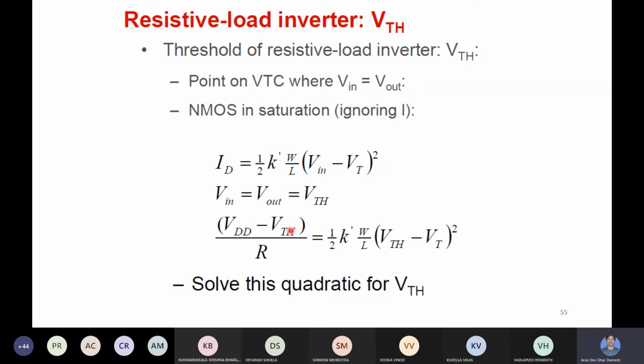The input voltage can be considered as VTH, because when Vin equals Vout, this Vin is the switching threshold for the NMOS transistor based resistive load inverter. So (VDD minus VTH) by R is the load current in the resistive load.